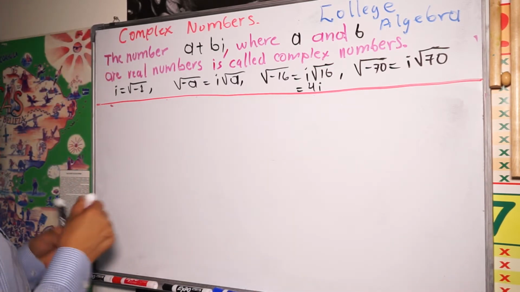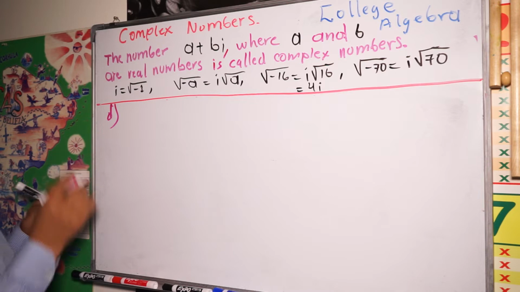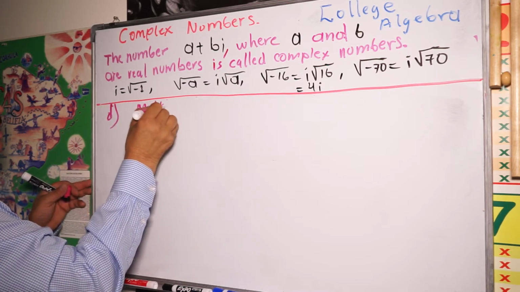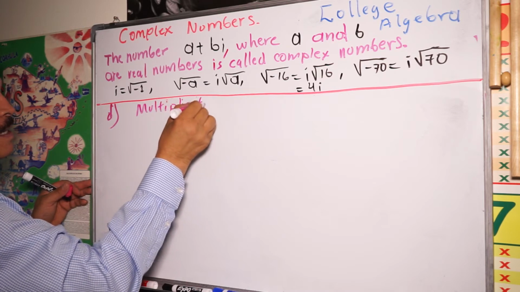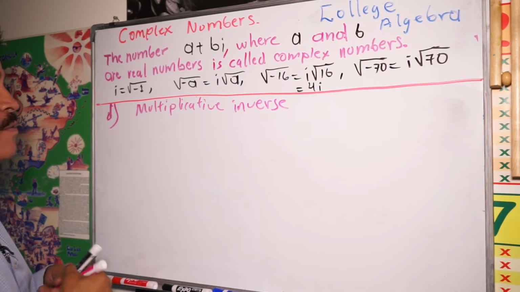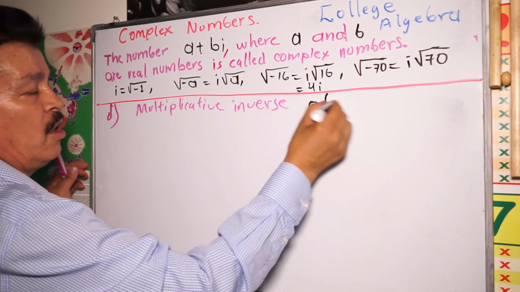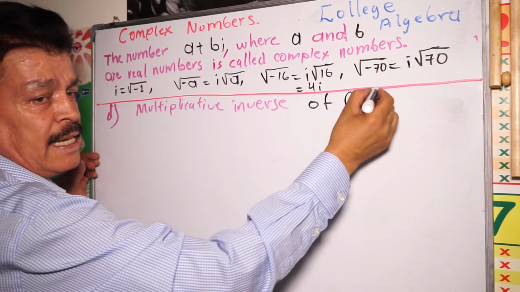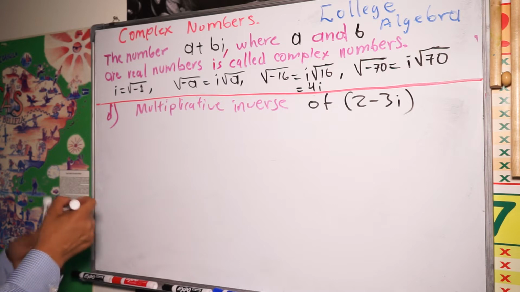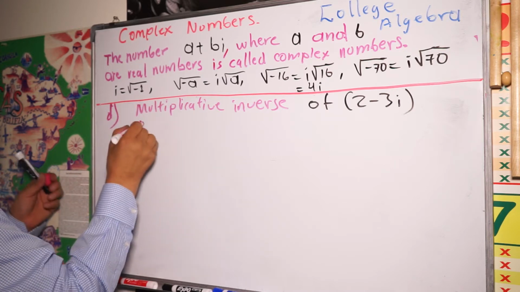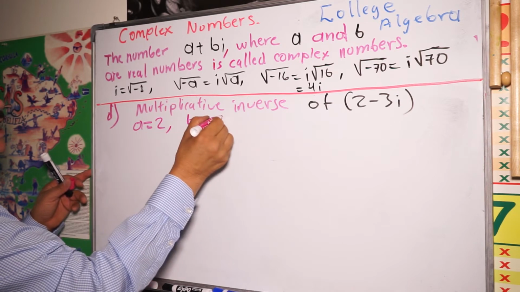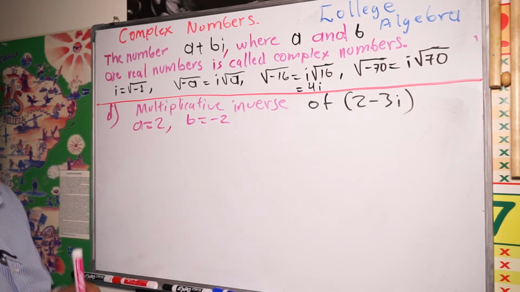Okay, let's go to one more important topic: the multiplicative inverse. The multiplicative inverse of 2 minus 3i. Here A is equal to 2 and B is equal to -3. Apply this formula.